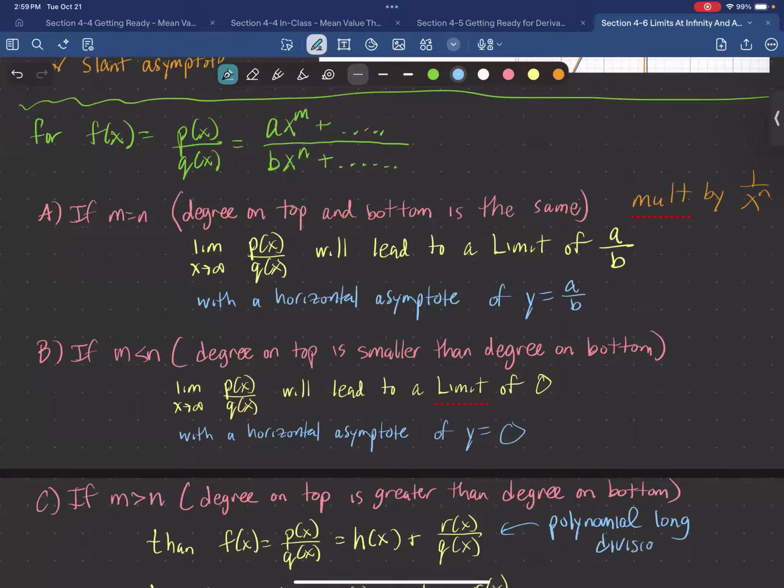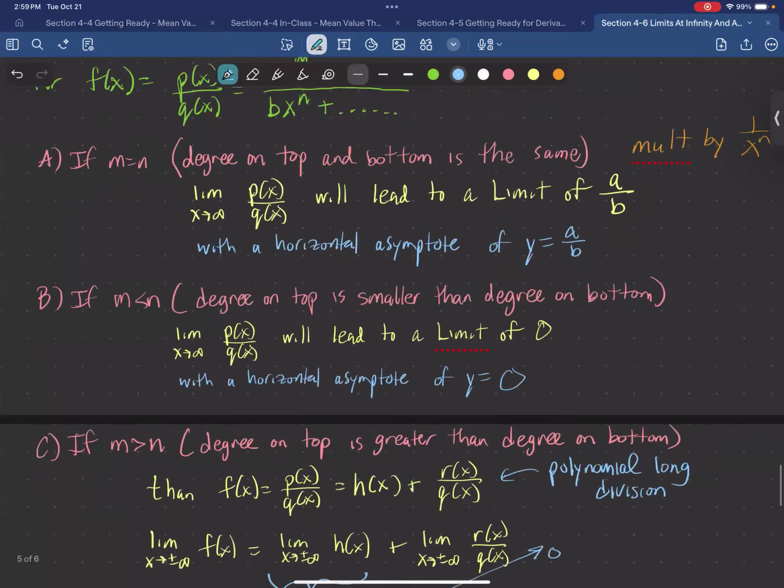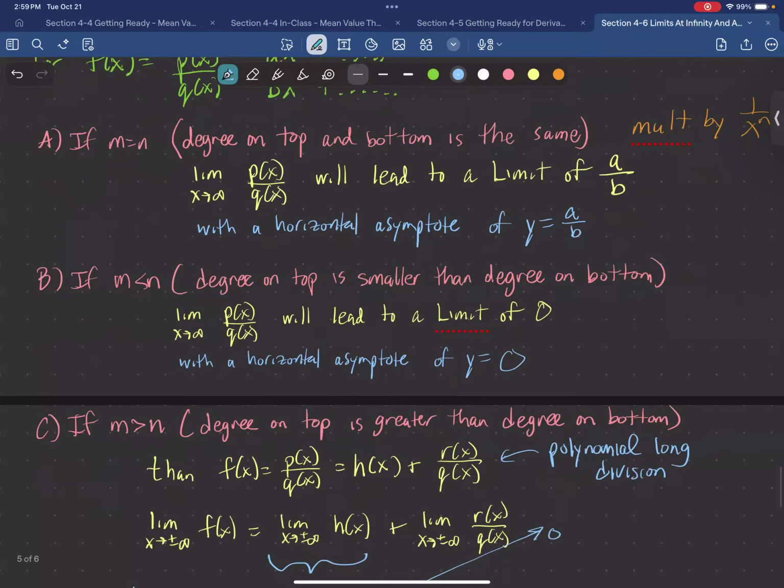But we got another function h of x, and then some remainder. In our last case, it was negative 11 over 2 over our original denominator. And so when we look at the limit here, r of x always has a degree smaller than q of x. This is always going to 0 because the top is smaller degree than the bottom.